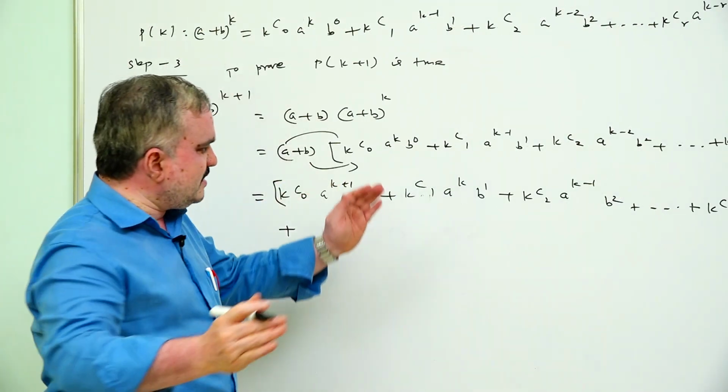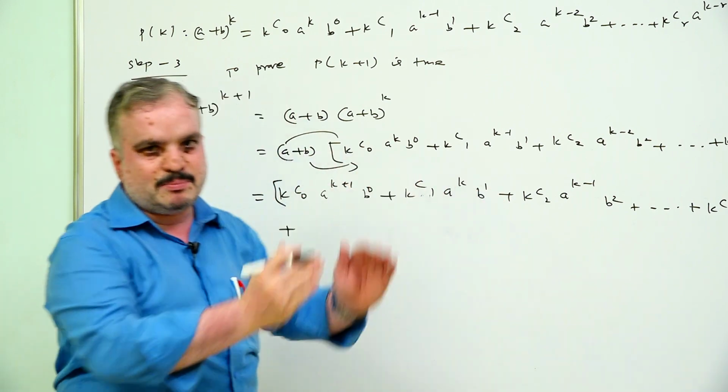We multiply b with every term inside the bracket.